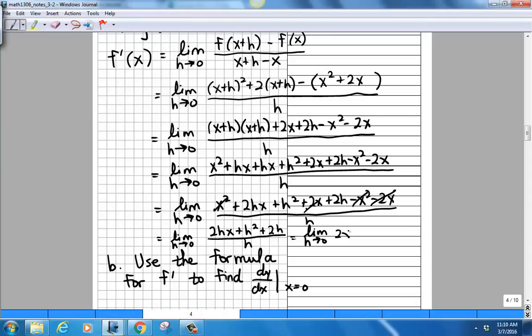Well, 2x plus h plus 2, is that right? Yeah, okay. And what happens to that expression as h gets really small? What will be left in that expression? Just not 2x plus h, but 2x plus what? 2. Yeah, this term is going to disappear. As h goes to 0, that middle term becomes meaningless.